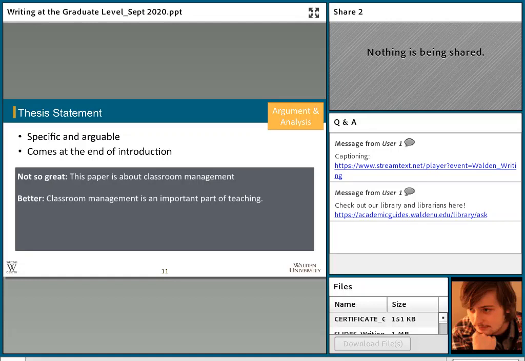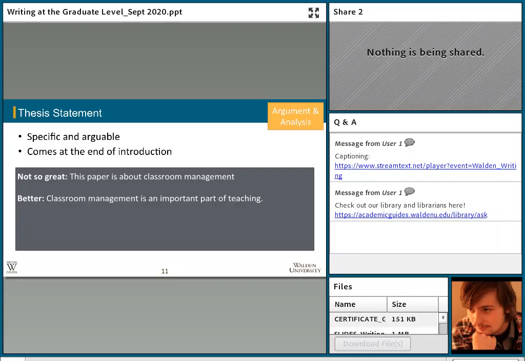Here's an example of a little better one. Classroom management is an important part of teaching. So again, we have this broad notion of classroom management. As a composition person, I would say that this really needs to be narrowed still. But it is making kind of an argument here. It's saying that this is important. It's an important part of teaching.